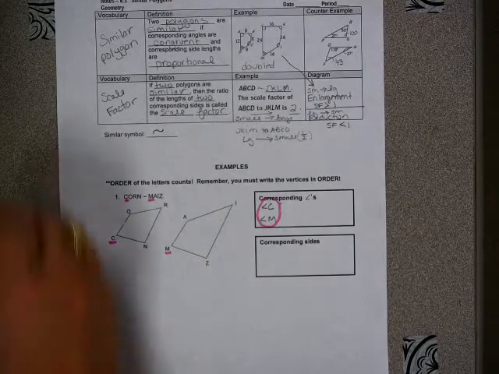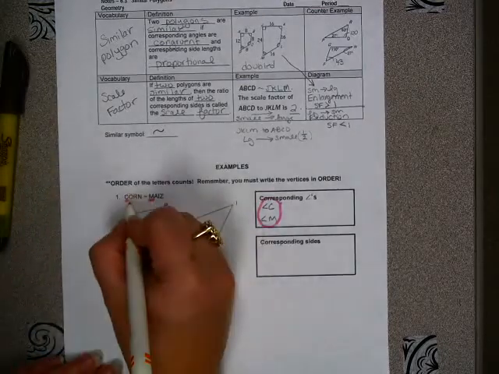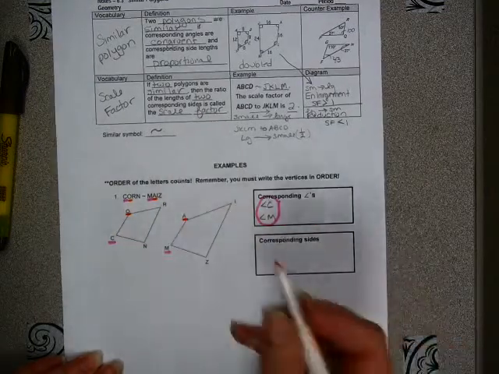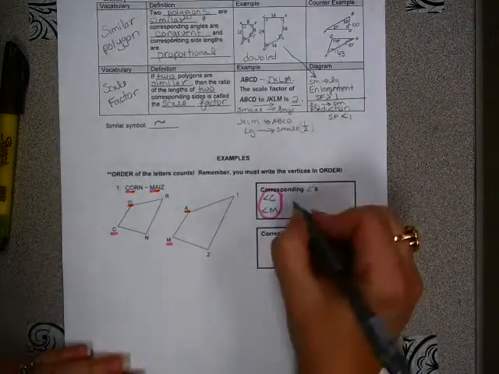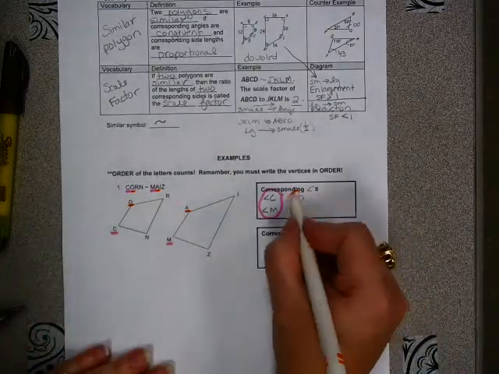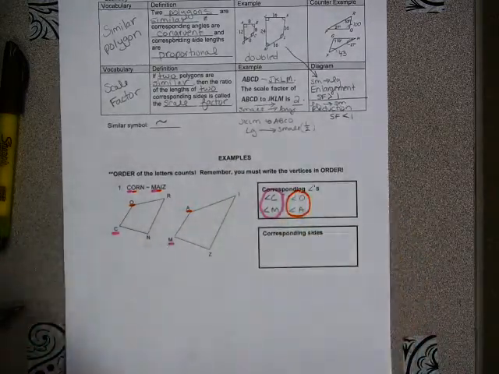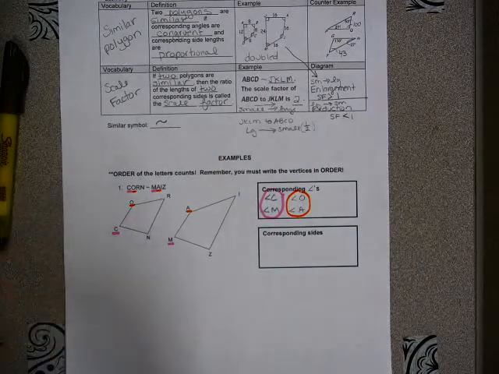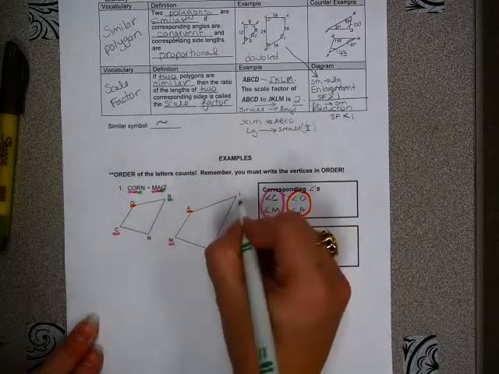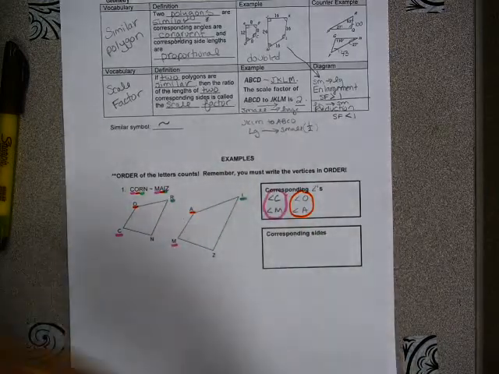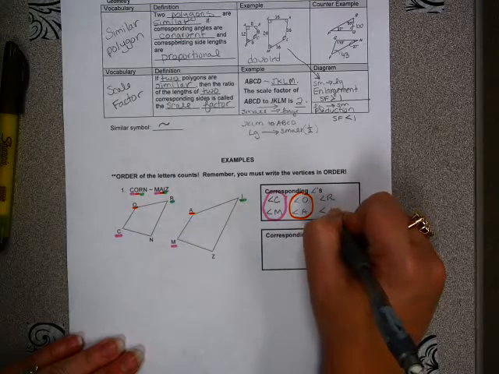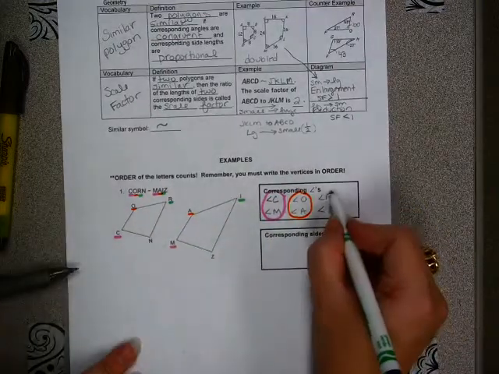Then I've got O and A in the name, so angle O corresponds to angle A. These two are corresponding. And then I've got R in the name matching I. So angle R is corresponding with angle I. These two are corresponding.